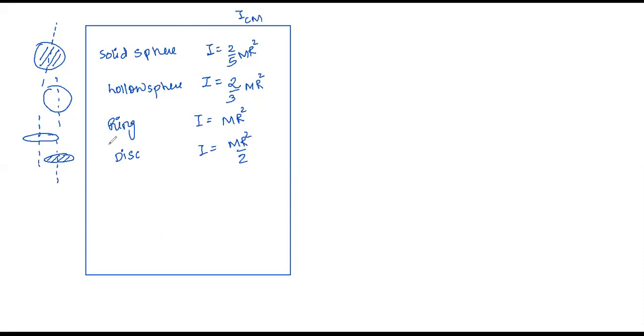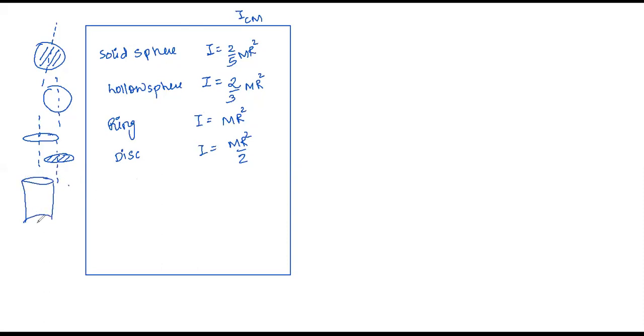Atul, the same thing which is there for a disc is the same for a cylinder. And similarly, whatever is the moment of inertia for a ring, the same is for a hollow cylinder.